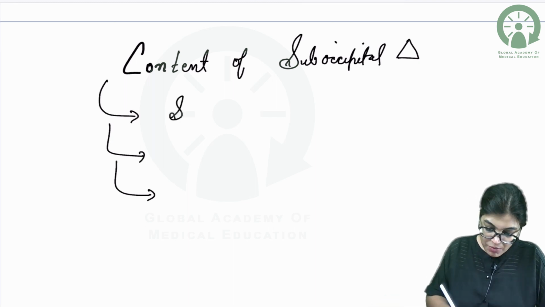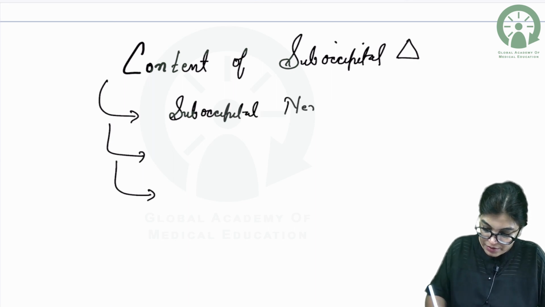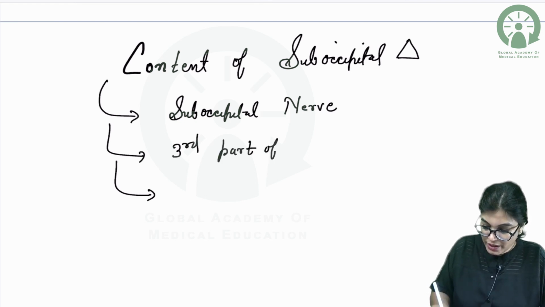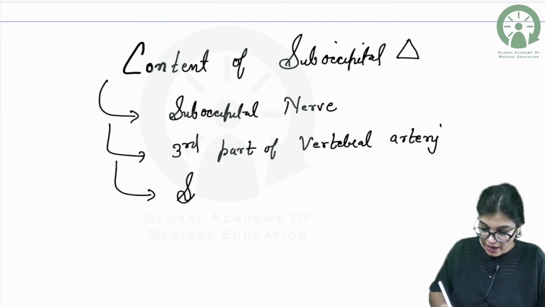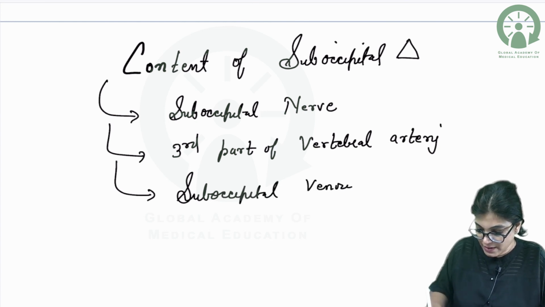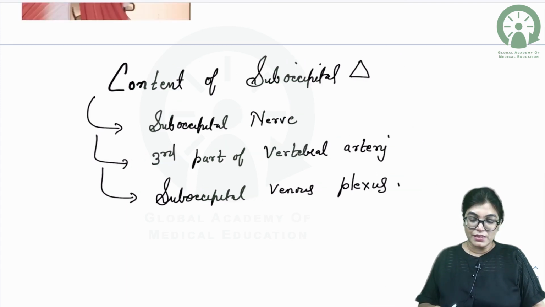So the content is suboccipital nerve, third part of vertebral artery, and the suboccipital venous plexus. Now, we have done with the suboccipital triangle.